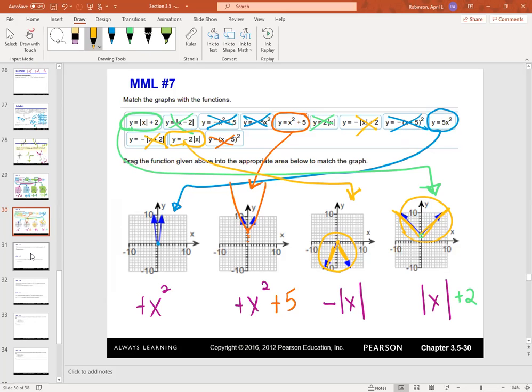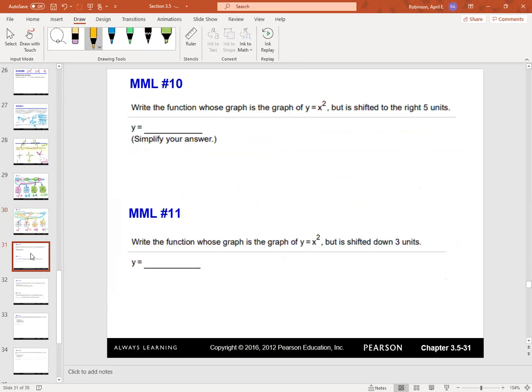All right, so much for matching. Now, they want you to write the new equation. Find the function whose graph is the graph of y equals x squared, but is shifted to the right 5 units.